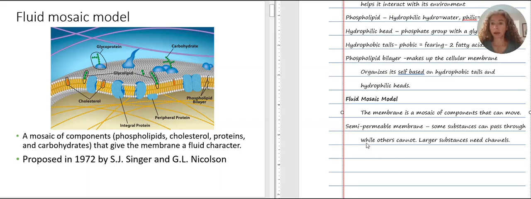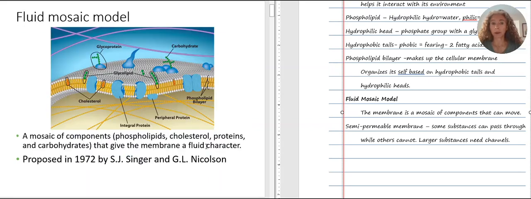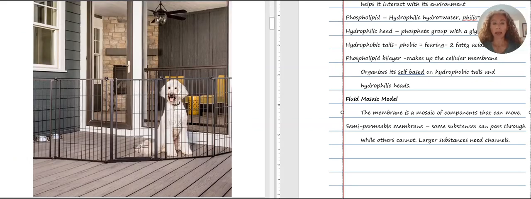And this is a semi-permeable membrane again. Some substances can pass through this membrane and some cannot. Larger substances will need channels like protein channels to fit through, and other smaller molecules like oxygen and lipids will be able to fit through on their own. And you can think of a semi-permeable membrane like this dog here behind this fence.